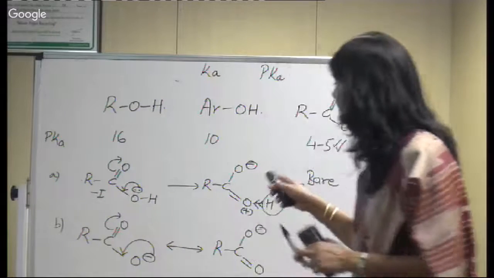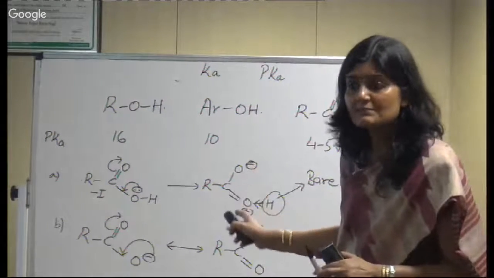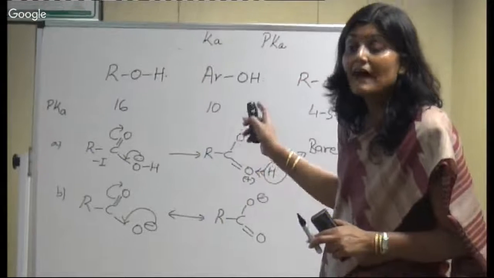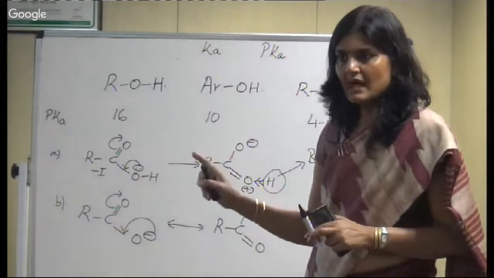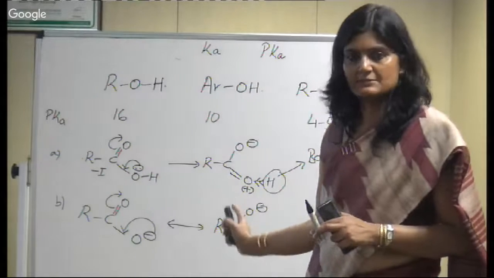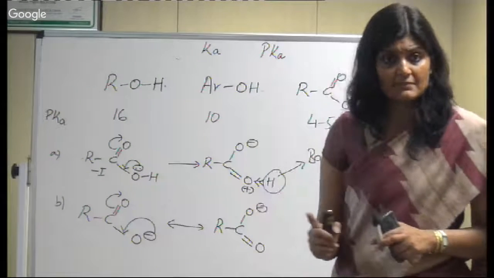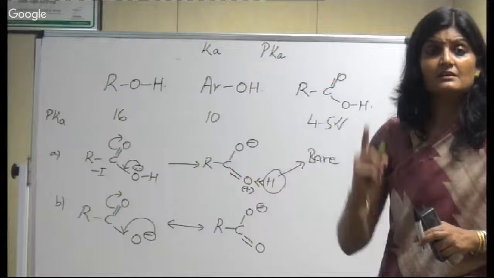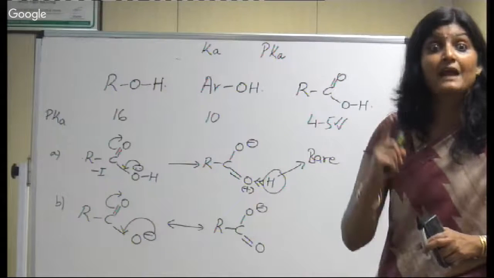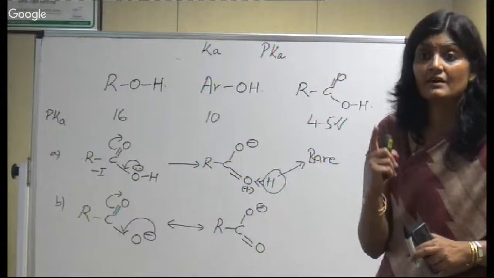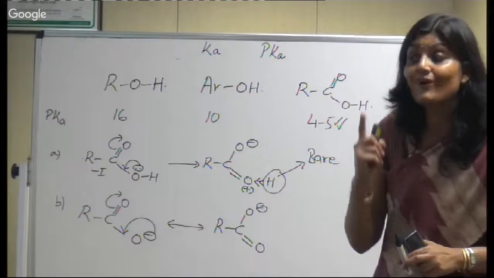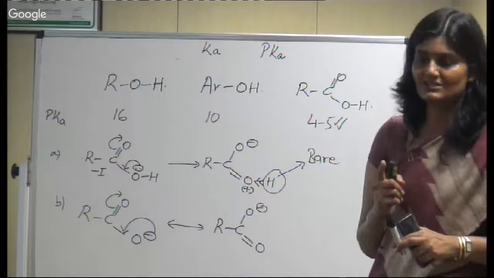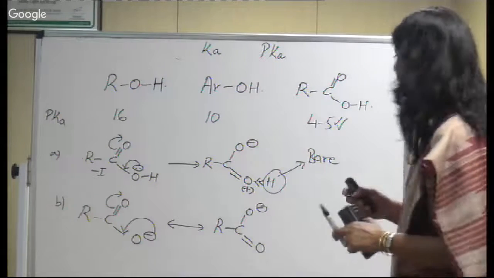So these are the 3 points which are responsible for the acidic character of the carboxylic acid. The minus I effect, because of which oxygen acquires a positive charge, the resonance stabilization of the carboxylate ion, the similar canonical forms, plus the fact that in the stabilized carboxylate ion, it is the electronegative oxygen which is carrying the negative charge. Okay? All right.